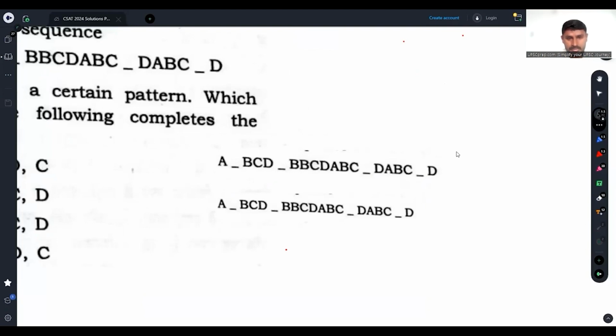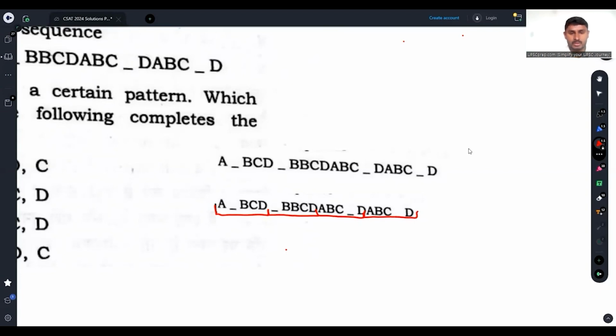A dash BCD dash BBC D ABC dash D ABC dash D. So if you see here, after certain letters, again we are starting from A. यहाँ पे again there is a B. It means the initial letter should be A again. यहाँ पे again there is a A, right? Again if you see here, again it is starting from A, right?